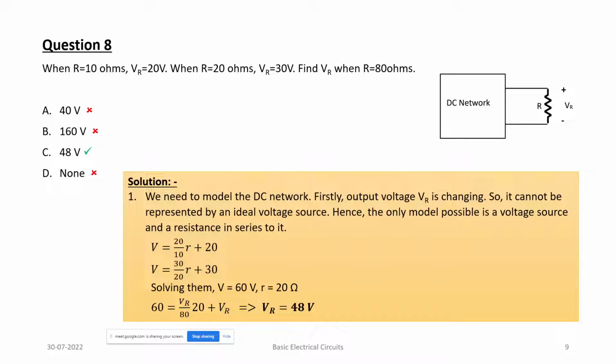How can an equation be equal to voltage is equal to resistance here? Where do you find 20 by 10? It's the current, right? VR by R. It's the current flowing through this resistance.